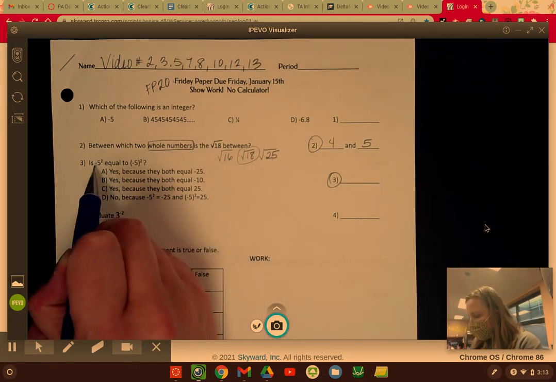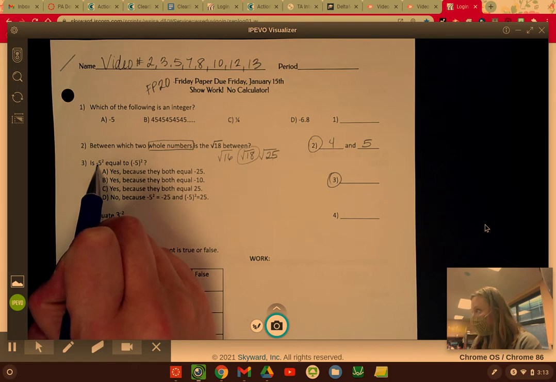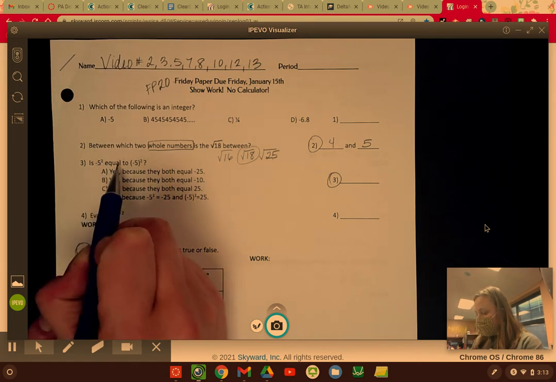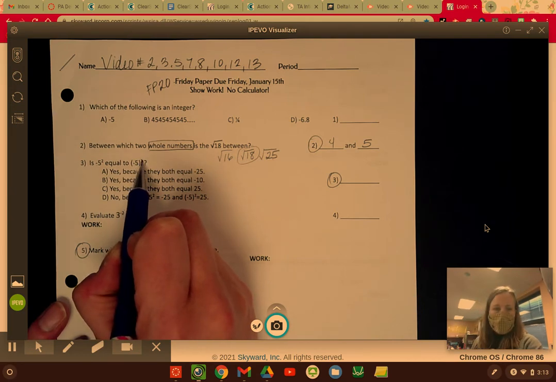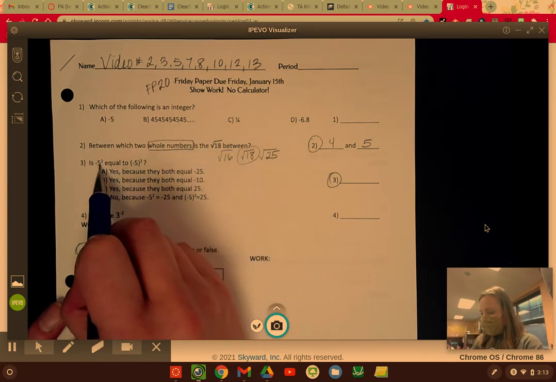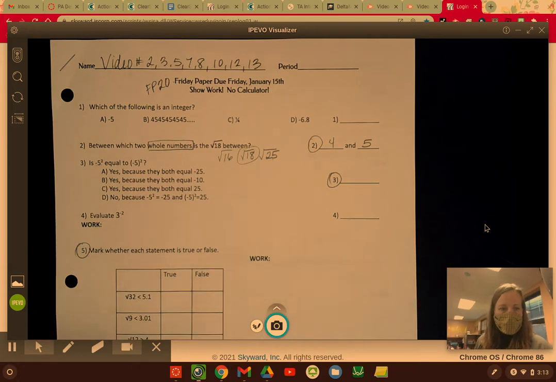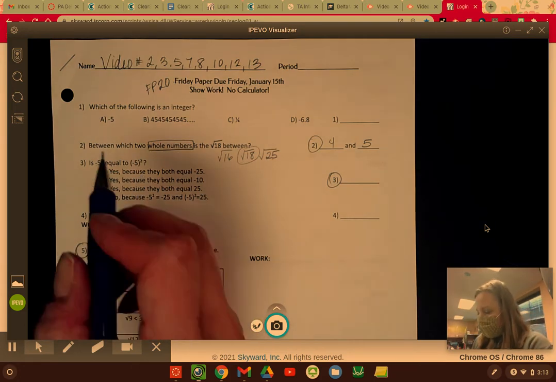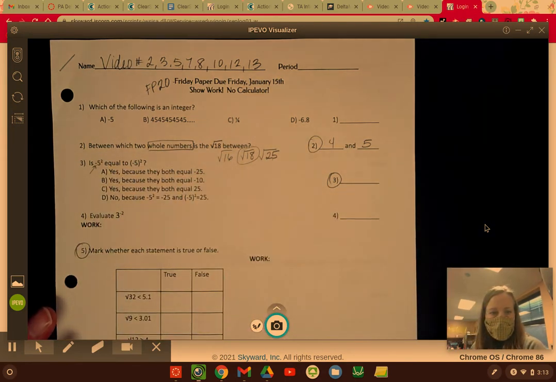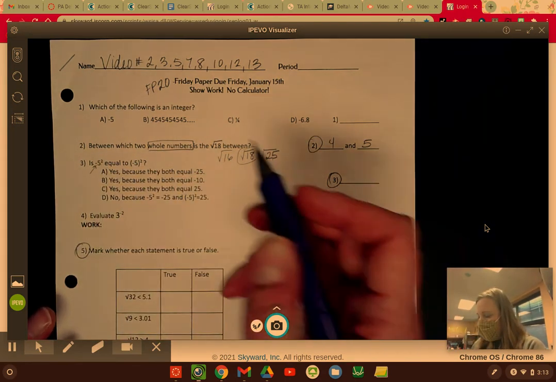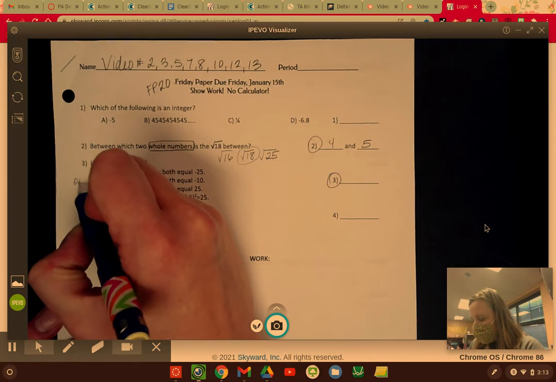Is the opposite of 5 squared equal to negative 5 squared? You can see where this is similar, but I'm going to show you why it's a little bit different. Did you notice how when I said this out loud, whenever you see a negative in front of a number, you can also technically say it's the opposite.